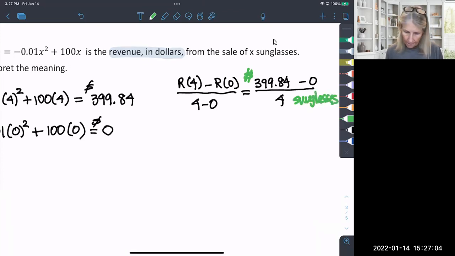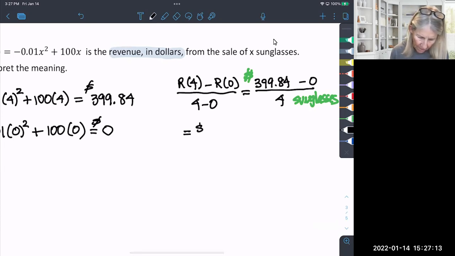Dollars per sunglass. All right, so let's see here. If I reduce, let's divide this on our calculator. So we're going to get this many dollars, about $99.96 per sunglasses.